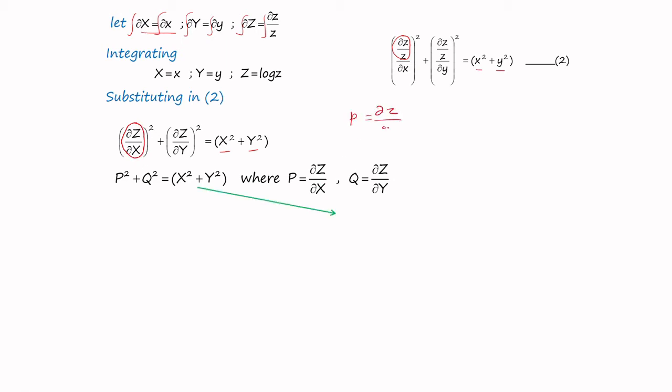And small q is equal to ∂z by ∂y. But here we have ∂ capital Z by ∂ capital X and ∂ capital Z by ∂ capital Y, so you have to take the substitution: P is equal to ∂ capital Z by ∂ capital X and capital Q is equal to ∂ capital Z by ∂ capital Y. And then you have to write this term as it is.